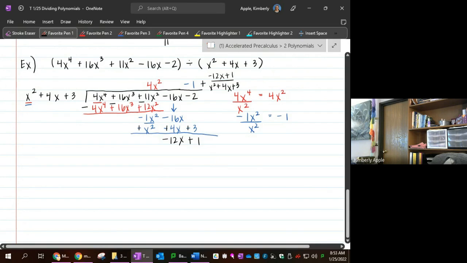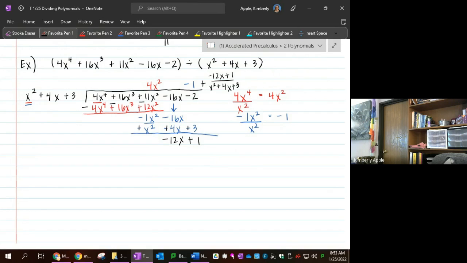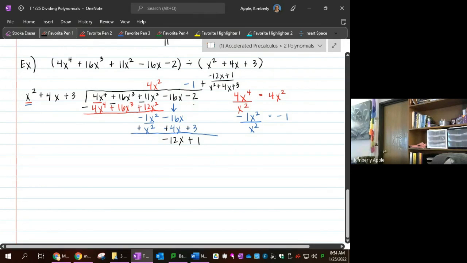This is not what the normal problem you'll see looks like, but it can occur. So you kind of have to be like, well, what do I do now? Because look, if you bring this down, where's it going to go? There's nowhere to bring it down because you're done at this point. But we can't just disregard it. So we have to add it up.